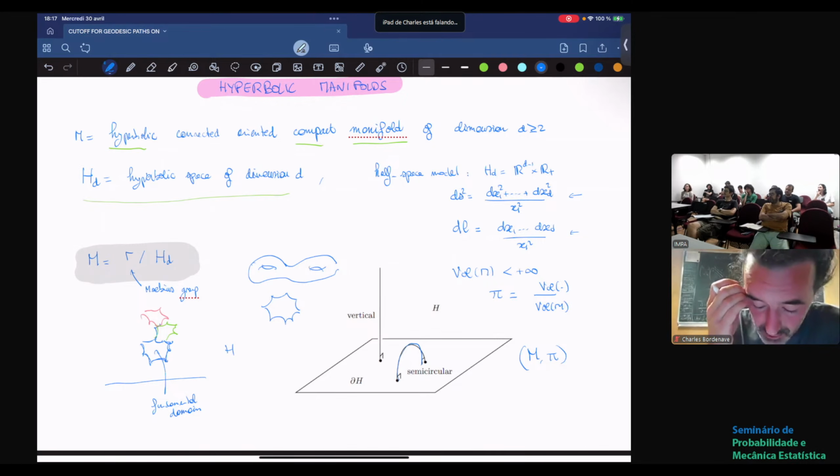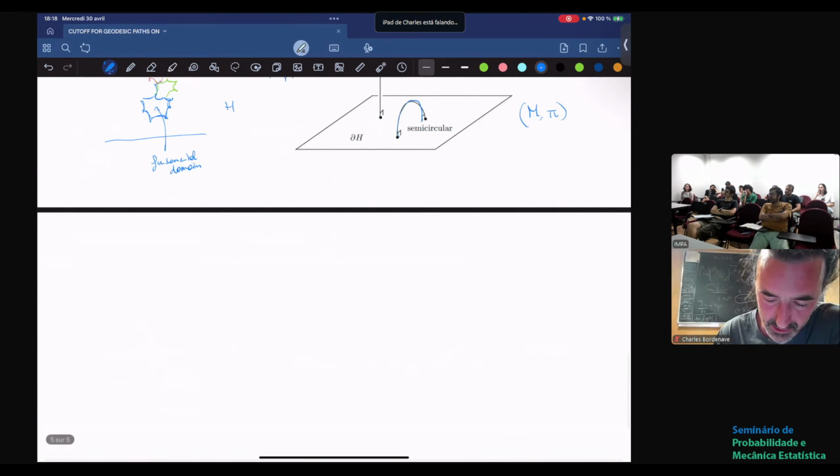Now to define the kind of process that we will consider, the geodesic path.